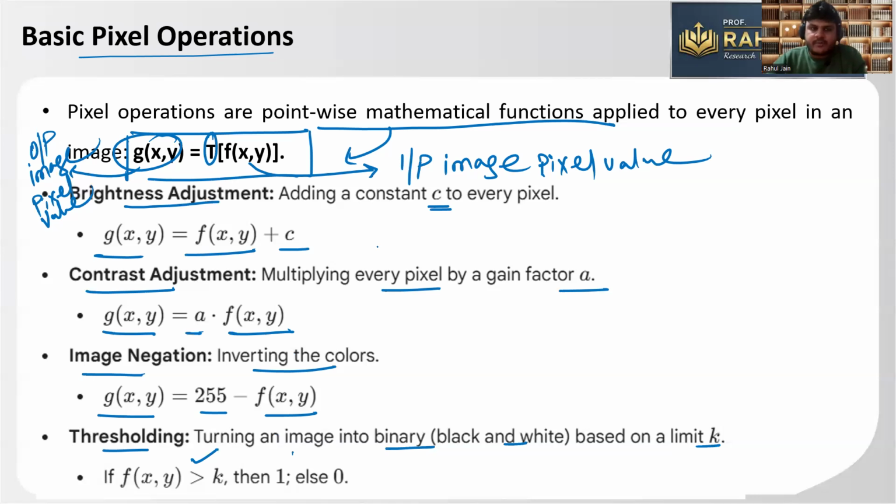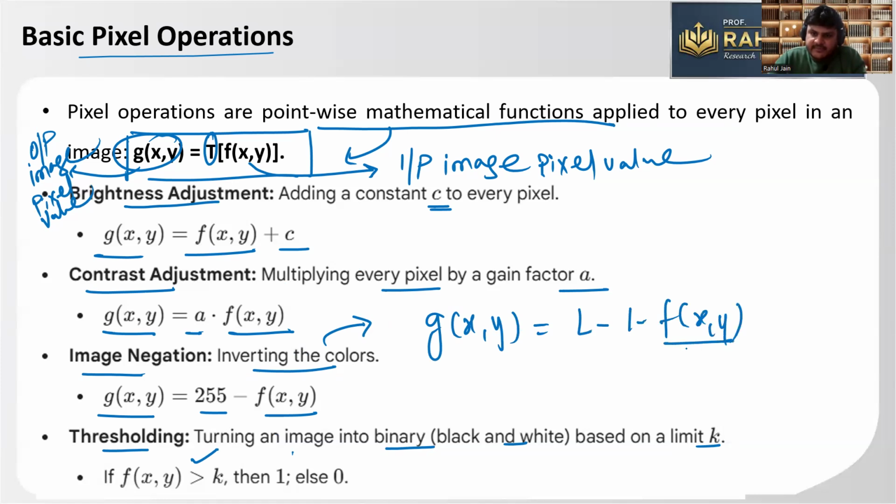Now a few more types of basic pixel operations. One is image negation, also called negative transformation, which inverts the intensity values and highlights the detail of dark regions. The function is g(x,y) = L minus 1 minus f(x,y), where f(x,y) is the input value.